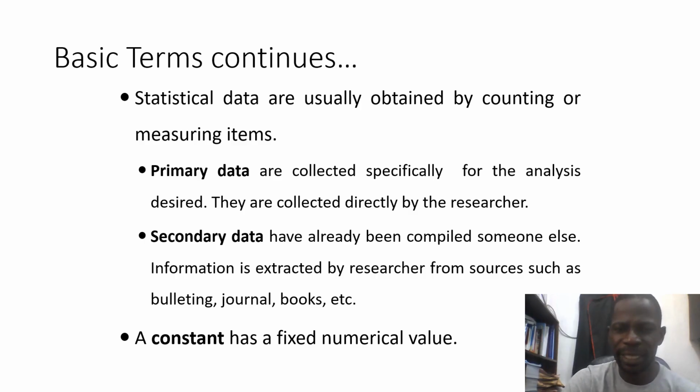When such data is collected, it is collected from people that are concerned. I'll give an instance. If I'm to conduct a study about learners' perception of a research class, I go to students in the class to collect the data from them. These are people that are concerned. They are the learners. The data I'm collecting is directly from the learners, and that's what we refer to as primary data.